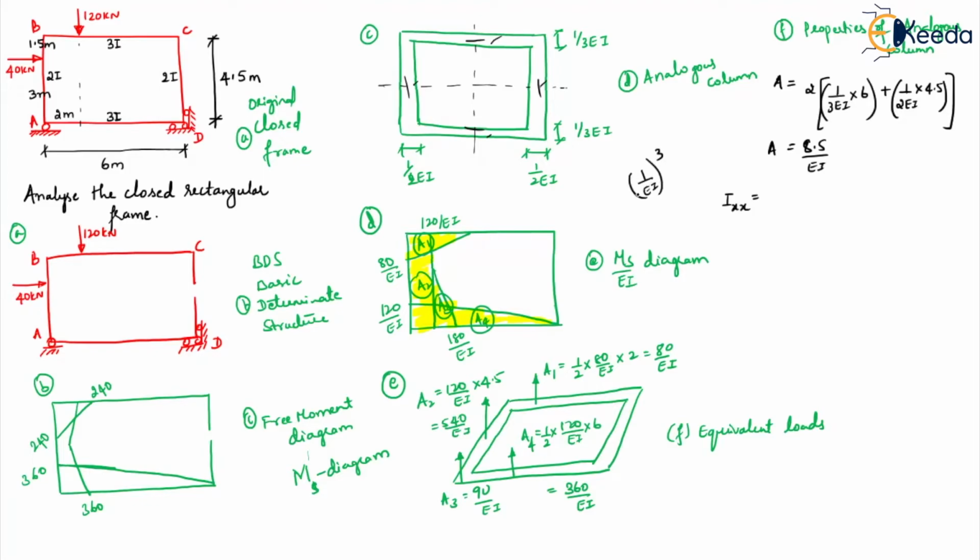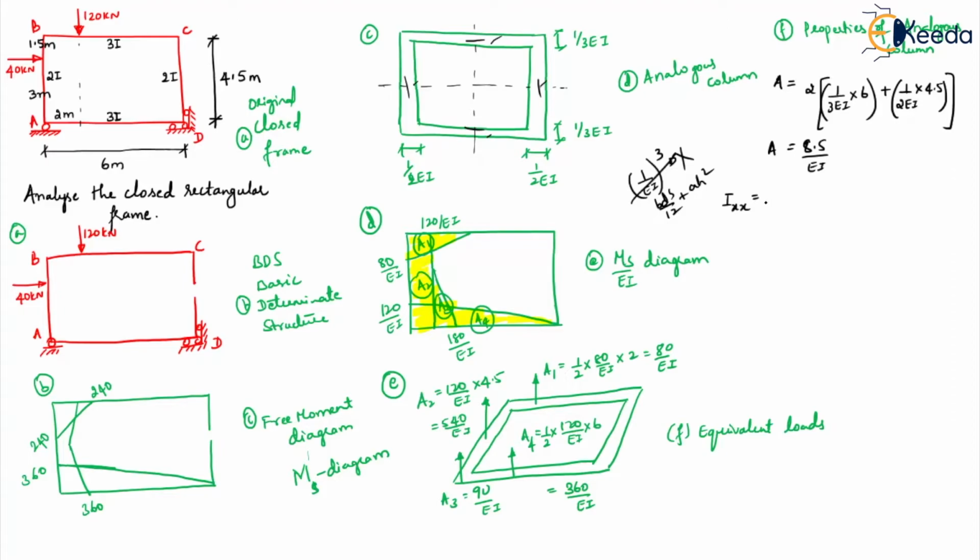So this term is negligible, because 1 by EI is very small, and 1 by EI whole cube will become still smaller, so we can neglect this term. In that case, in a few places BD cube by 12 will vanish and in a few places AH square will vanish.